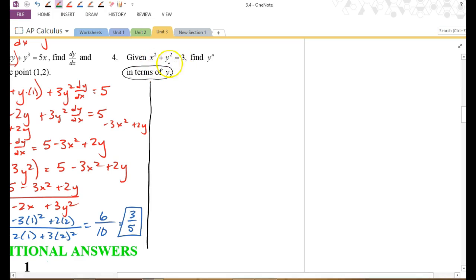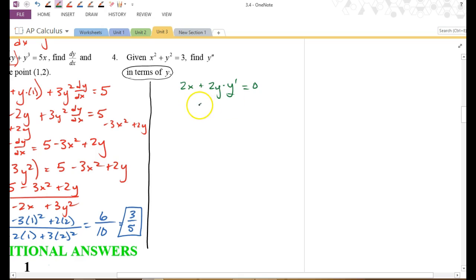So the first derivative, I'm going to derive each term individually. So x squared is 2x. The derivative of y squared would be 2y times the y derivative. And derivative of 3 is 0. Okay, so I can't just stop and take the second derivative at that point. I have to set it equal to the y derivative before I do that.